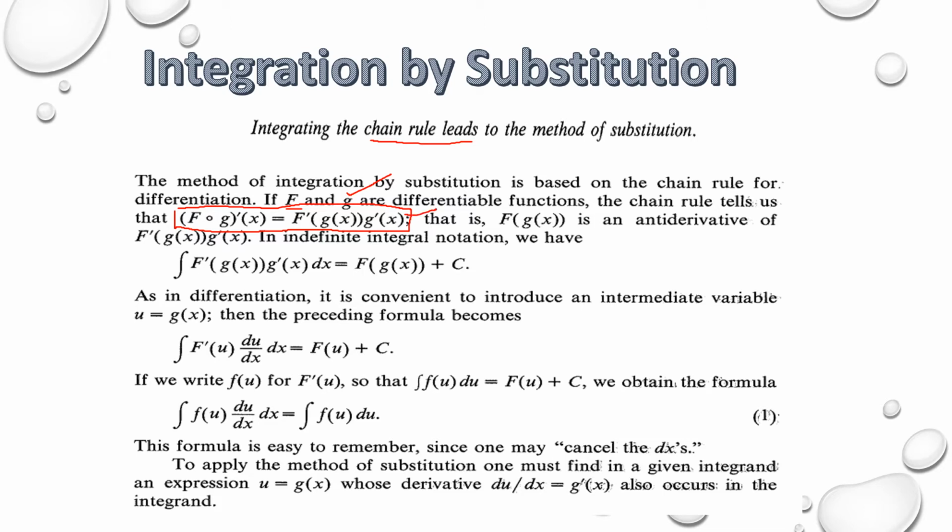That is, F of g(x) is an antiderivative of F dash g(x) times g dash x. In indefinite integral form, we can write that the integral of this term is equal to F of g of x plus a constant of integration.